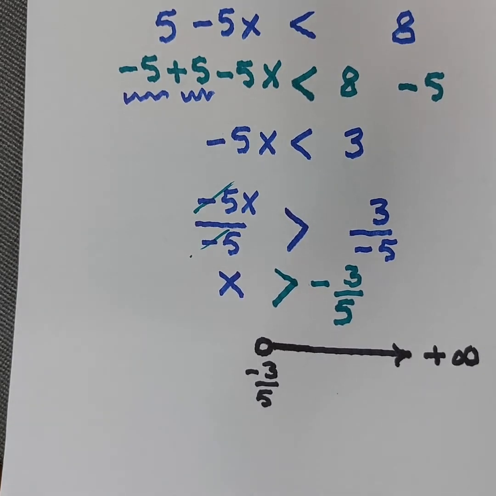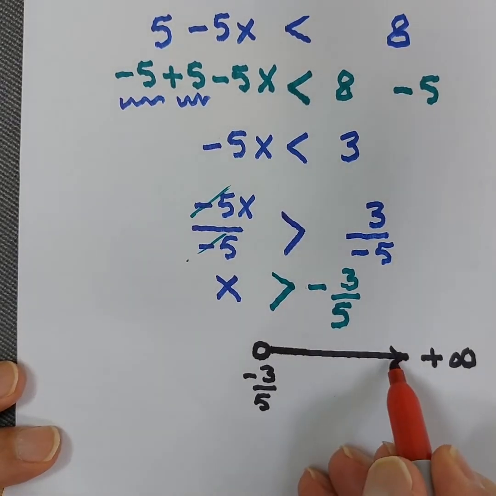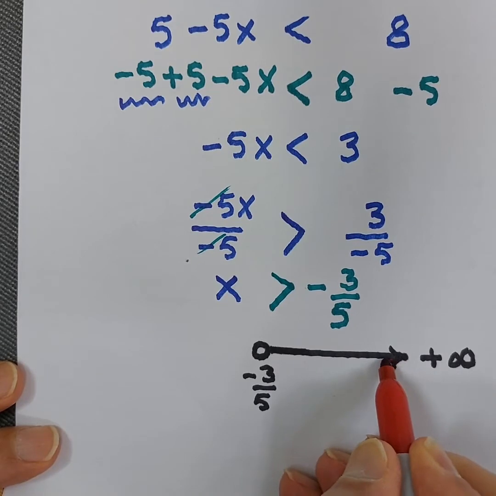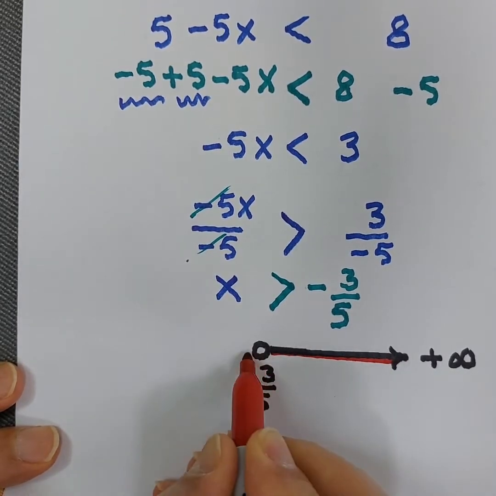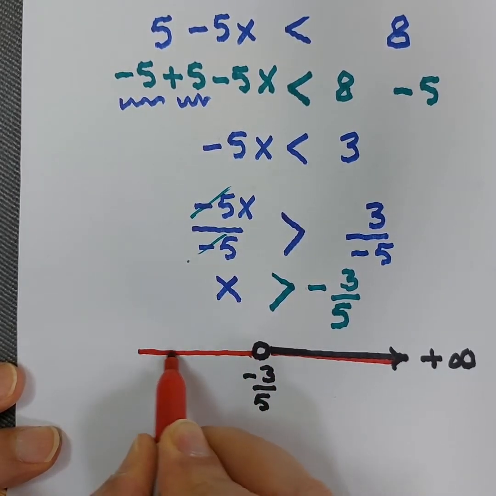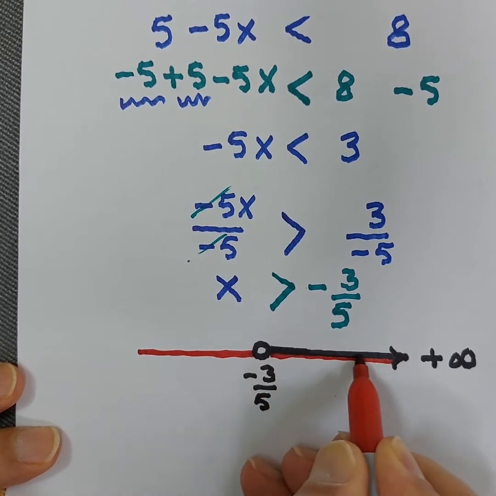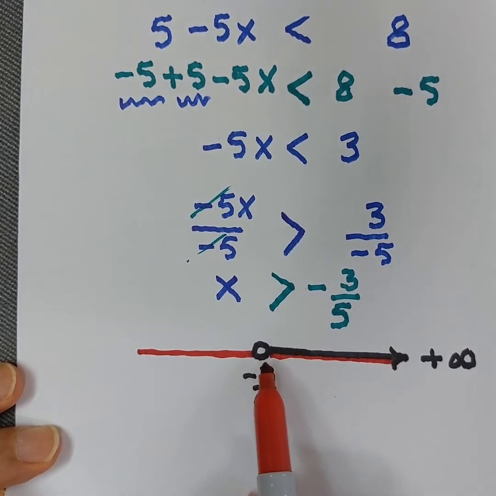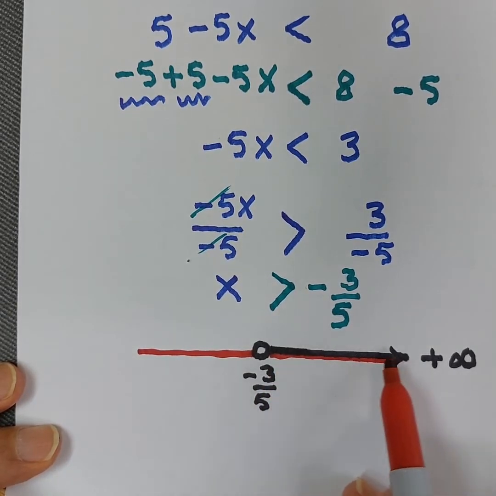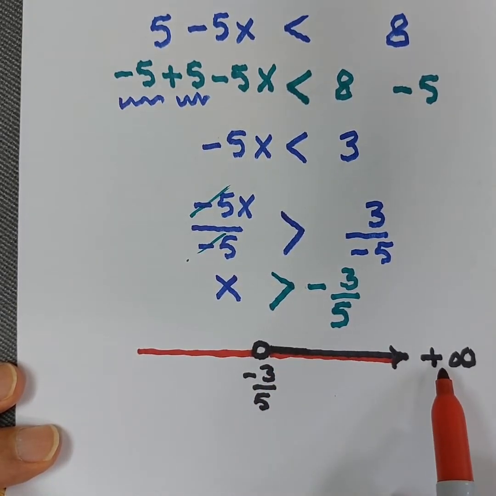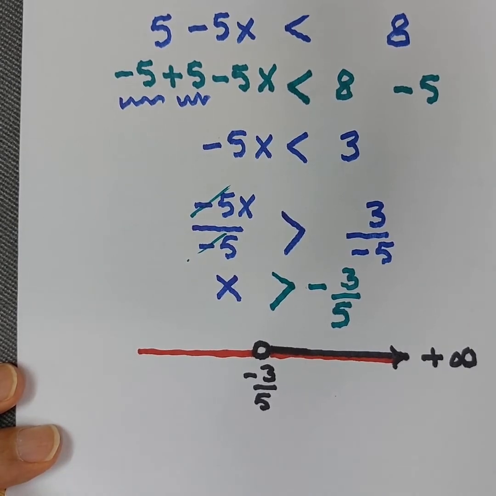So this interval is part of the real numbers. If you consider the real number line, you see the answer just starts after minus 3 over 5 and goes to the end, which is plus infinity. That means it's not a number, but it refers to there being no end to this.